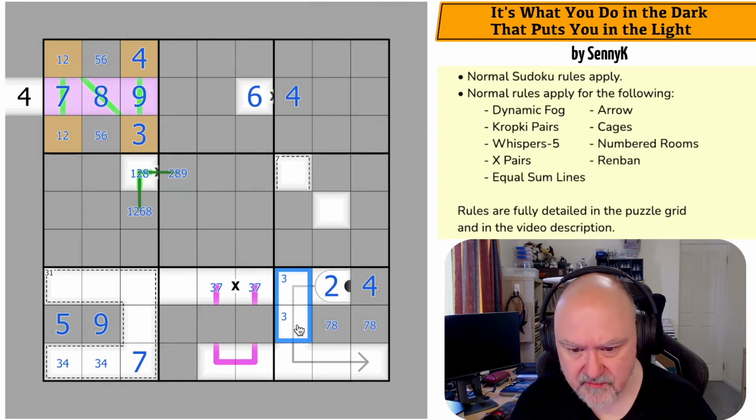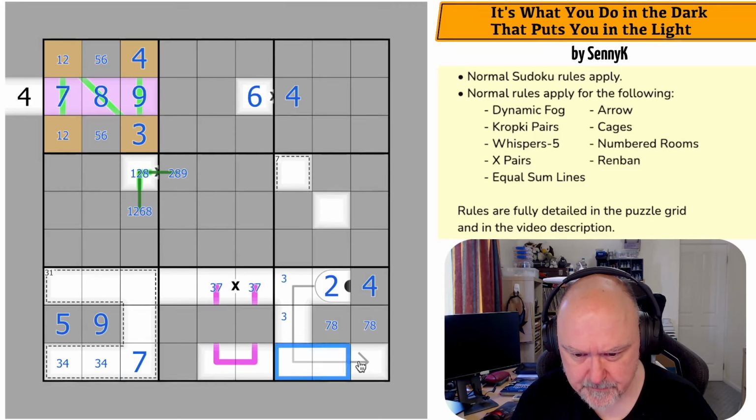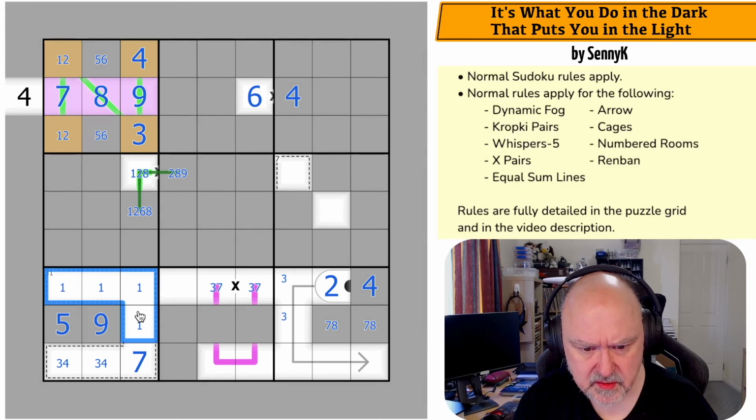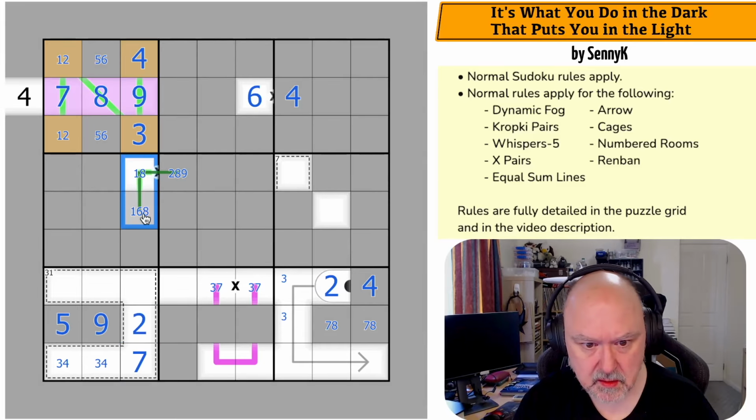3 is now in one of those two because of this. This is 1. Oh, no. I know what this digit is. Where's the 2? That is the 2, which means there's no 2 here. If that's not a 2, that's not an 8. But 1 with 6 or 8, that still seems to work.